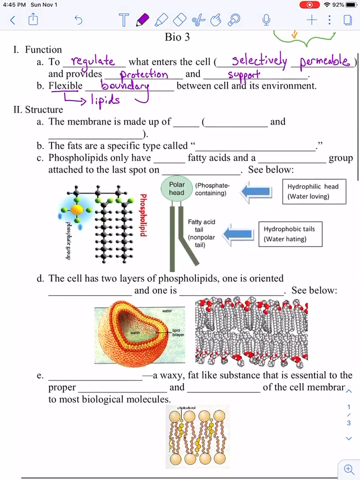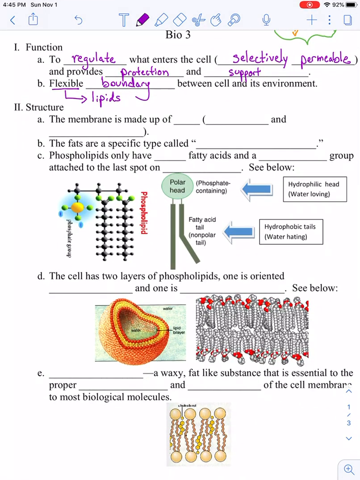The cell membrane structure, as mentioned before, is mostly made up of fat, and that's the same thing as lipids. And remember that the two components of a fat are glycerol and fatty acids. Now, the very specific type of fat in a cell membrane is called a phospholipid.